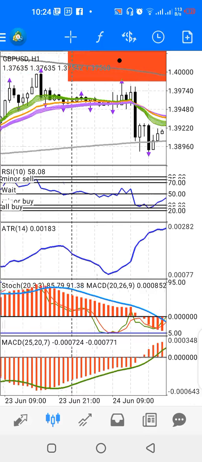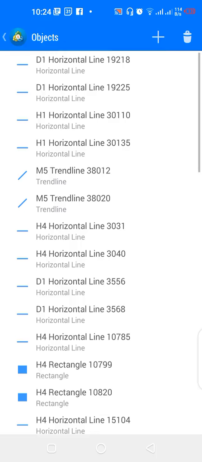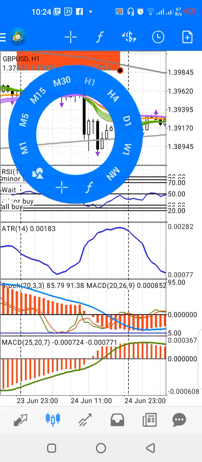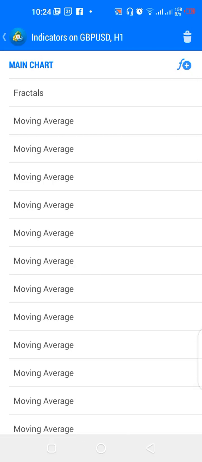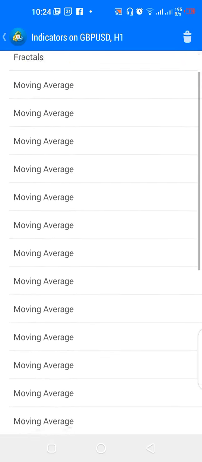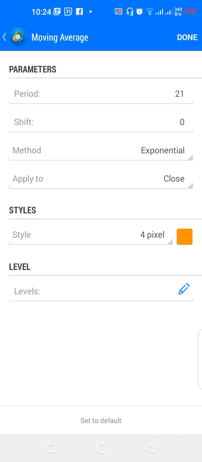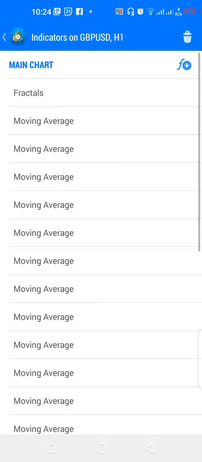So let's look at the settings for these moving averages on the main chart. Let's go to the main chart parameters. Going to the parameters, we have fractals for the main chart, and then several moving averages. The first moving average is a 21 EMA, orange.